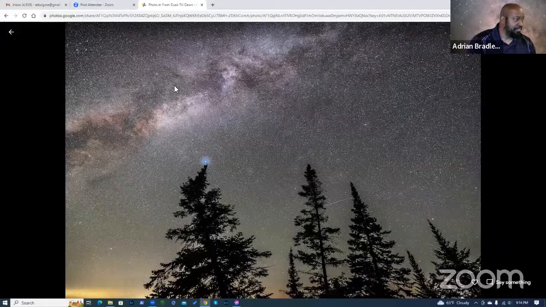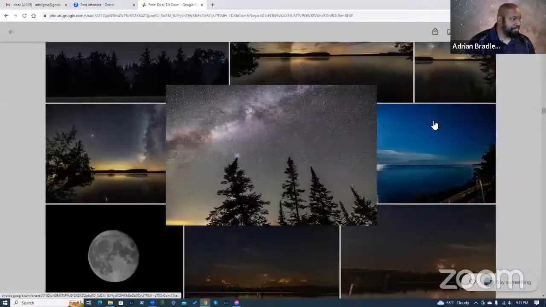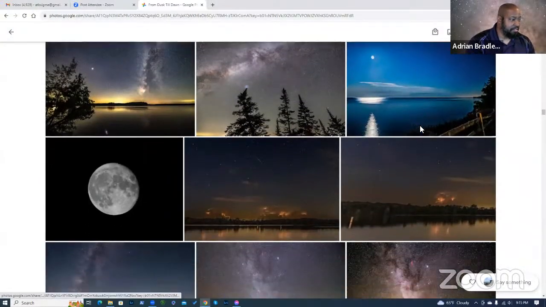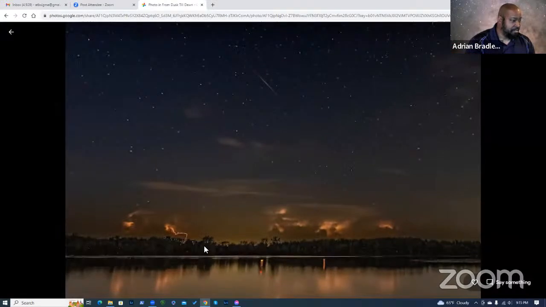I believe one of these is considered the northern coal sack. I believe this may be it, northern coal sack. So everything just kind of happens to come together on some of these shots at night. So you just have to keep shooting. You have to keep imaging to see what kind of things may happen.